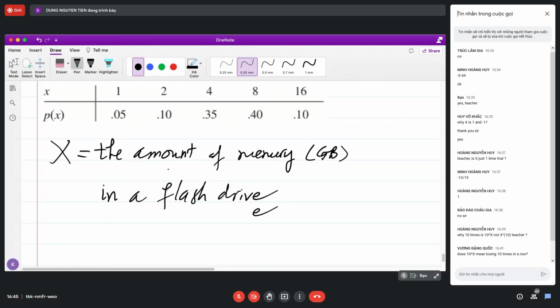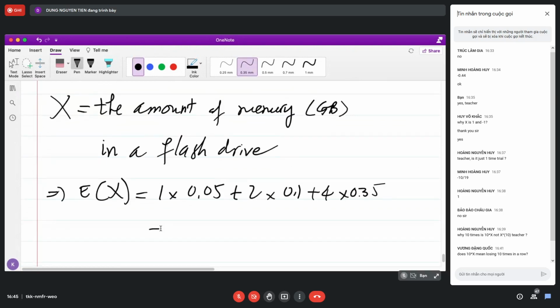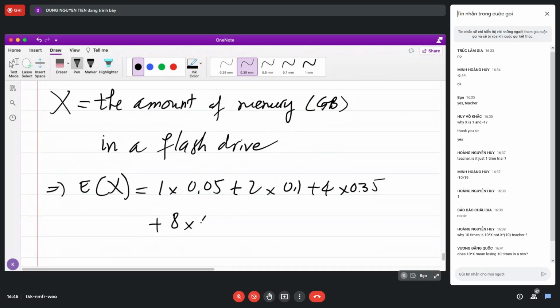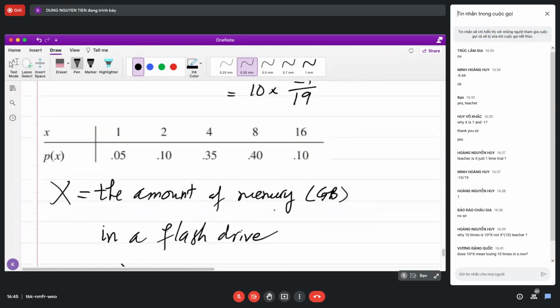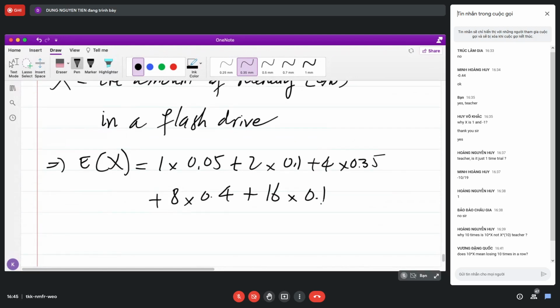What is the average amount of memory in that flash drive? You need to find the mean of X, and that is simply 1 times 0.05 plus 2 times 0.1 plus 4 times 0.35 plus 8 times 0.4 plus 16 times 0.1.